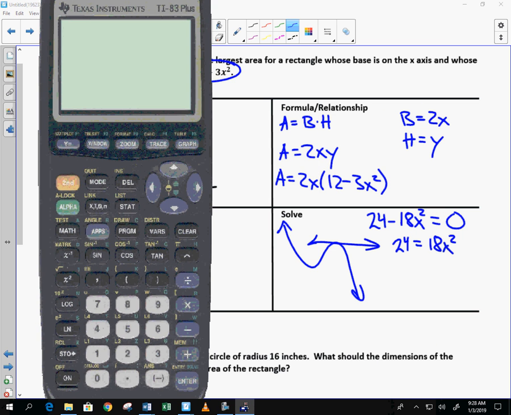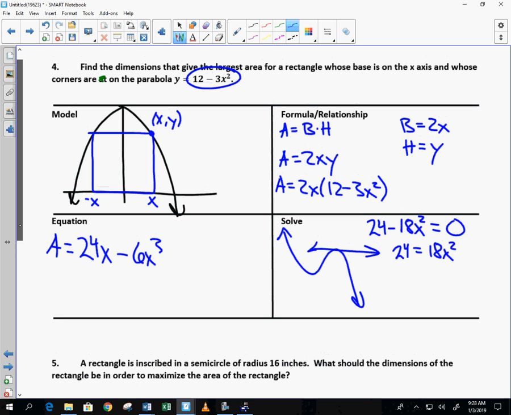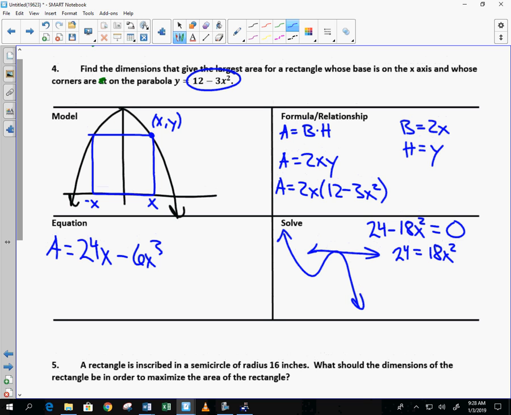I'm going to take the 24 and divide it by 18. See what I get? I'll take the square root of that. I get 1.15. So x is 1.15.